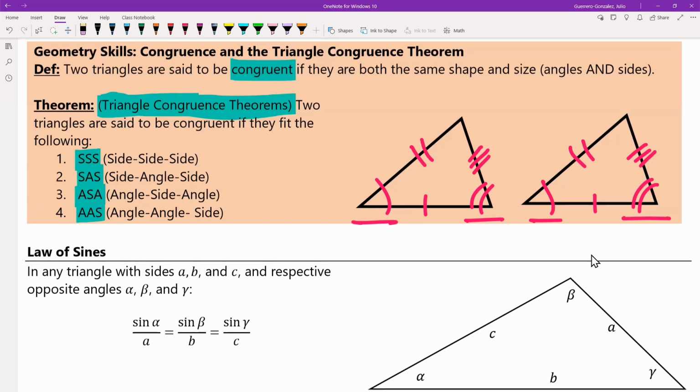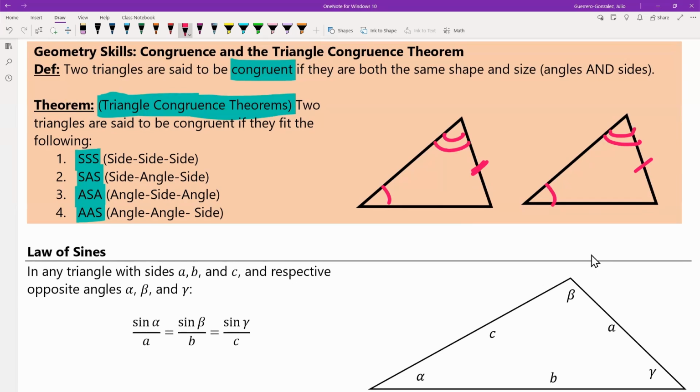Okay, let me do the very last one, the angle, angle, side. So angle, and actually this should have two little marks, there we go, two, side.